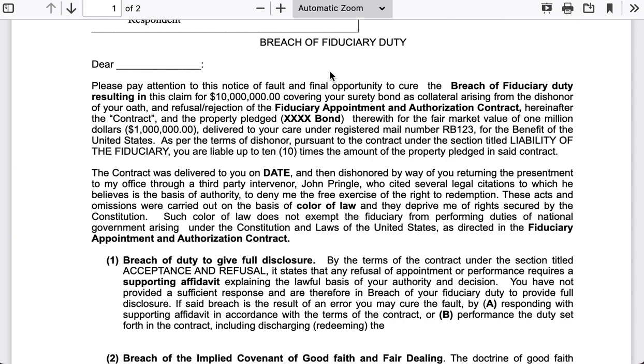This is more of why they're in a fiduciary capacity. As per the terms of dishonor pursuant to the contract under the section titled Liability of the Fiduciary, you are liable up to 10 times the amount of the property pledged in said contract.